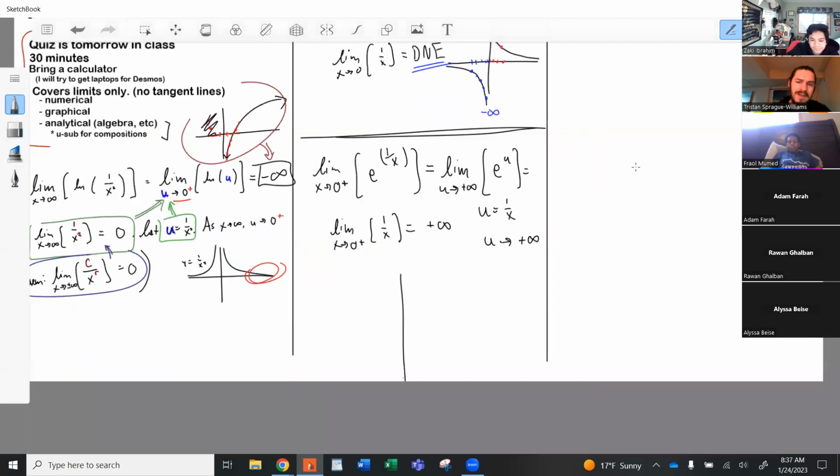Let's draw the graph of e to the x. Looks like that. Now let me draw it slightly less in the way of other things. Over here, as x goes out this way, we've got points on the graph that are going up, up, up towards positive infinity here. So yes, this is just infinity on that one.